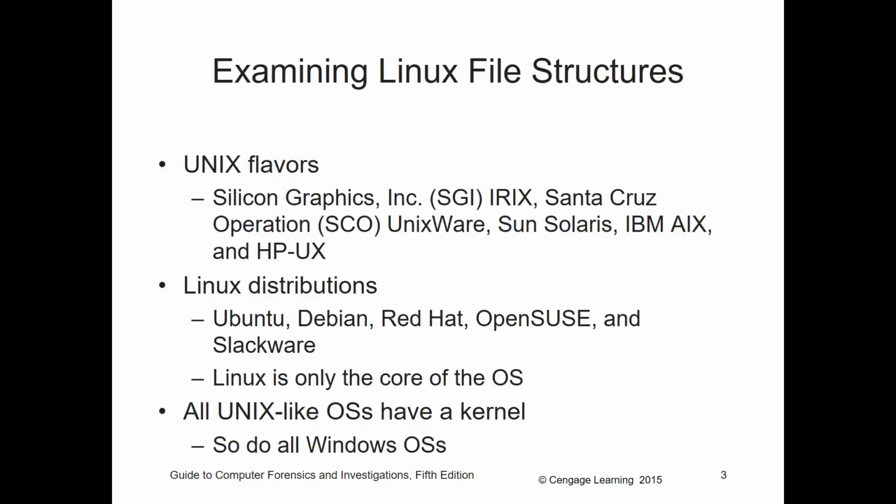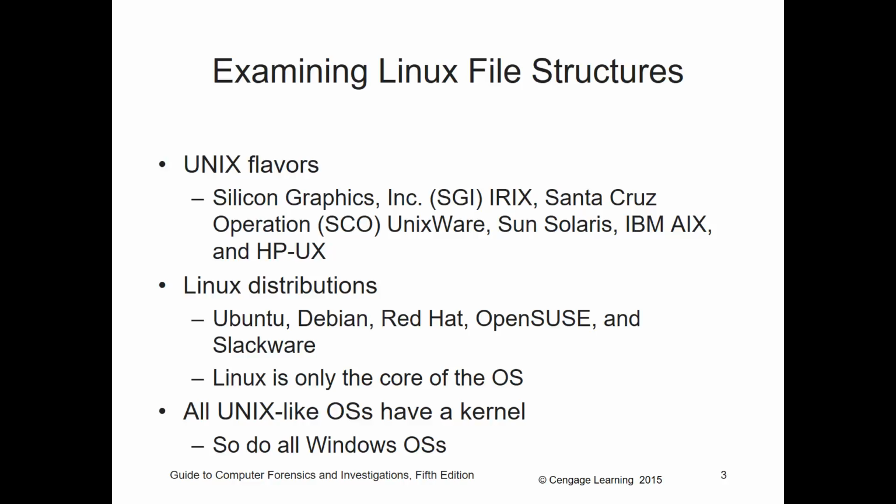Linux has tons of distros. Basically, these are different flavors of Linux, and each distro has very common features, but they may have different functionality. How they do certain tasks may be slightly different. Major Linux distros are going to be like Red Hat or Debian or Ubuntu, OpenSUSE, Slackware, CentOS.